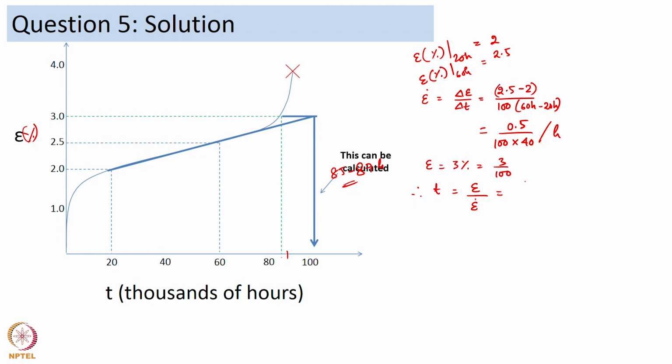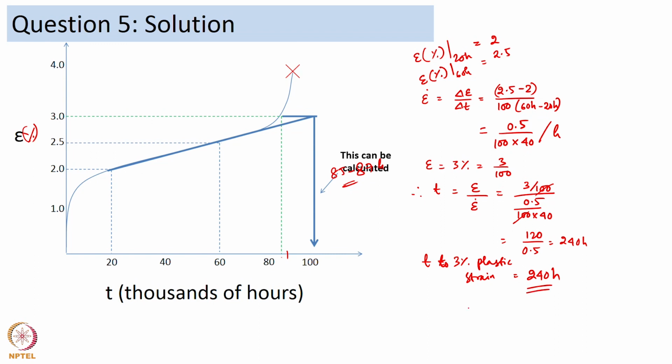So, the strain is 3 over 100, and then you divide it by 0.5 by 100 into 40. So, you get 240 hours. So, the time taken to reach 3% plastic strain is equal to 240 hours.